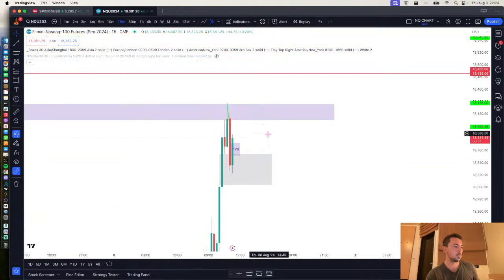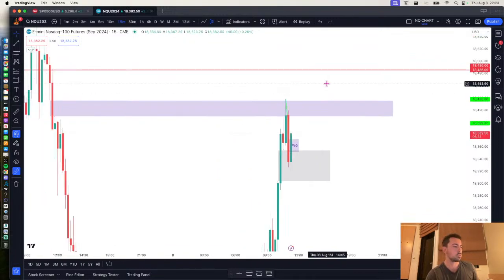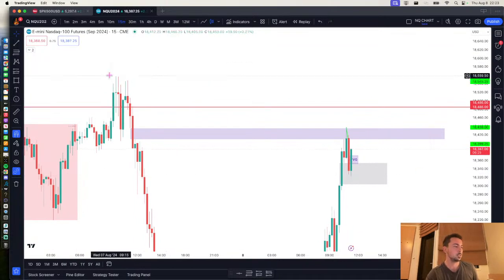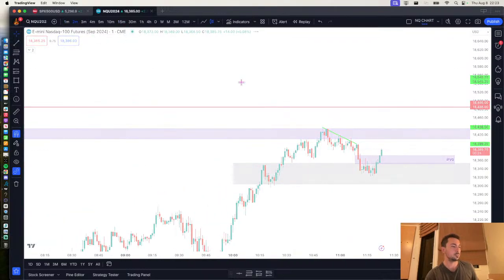I'm going to get rid of these new week opening gaps because they are messing me up. But in theory, we should come and take out these highs over here. But I would just be very careful.